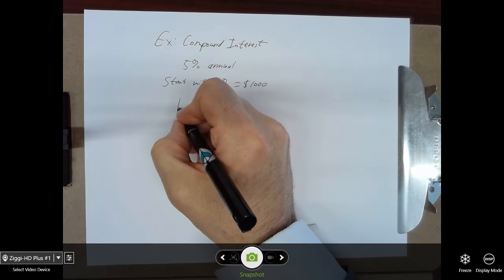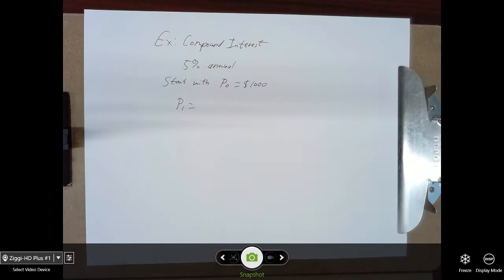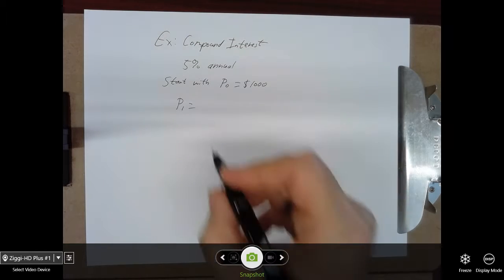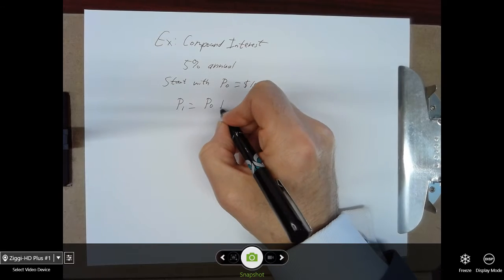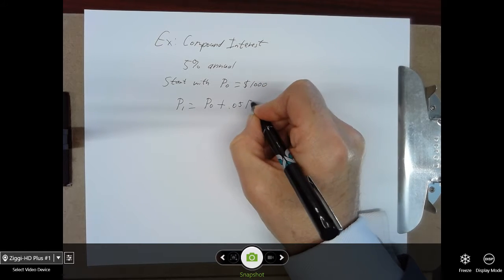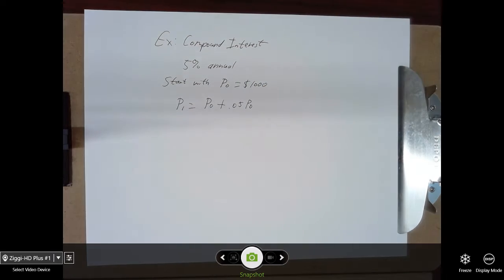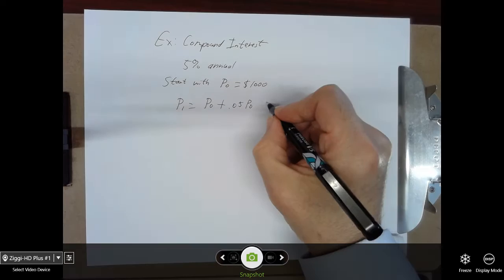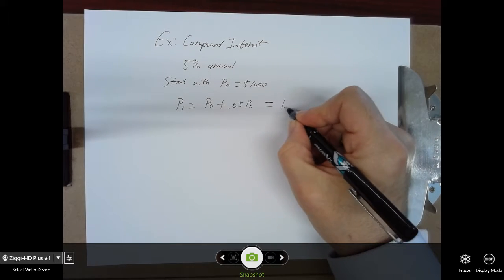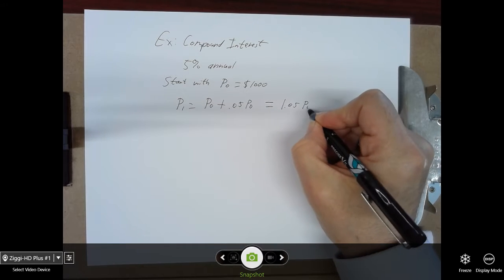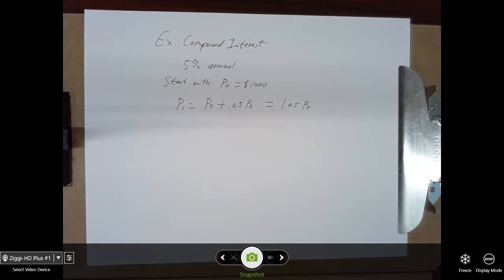So after 1 year, you start with $1,000. After 1 year, you're going to have all the money you started with plus 5% more of what that balance was. Which, if we factor out that initial principal, it's just 1.05 times the initial balance.